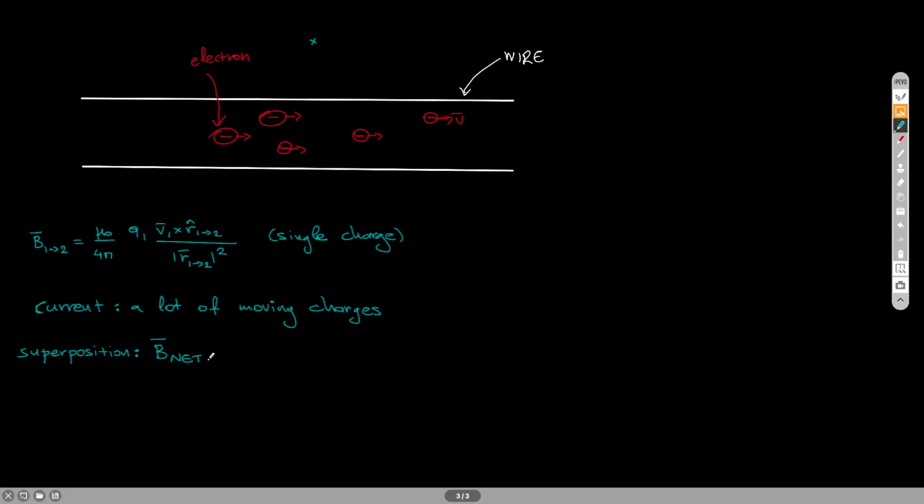Say B net at the observation location, let's be consistent, let's call this obs, so that I'm consistent with the numbers.